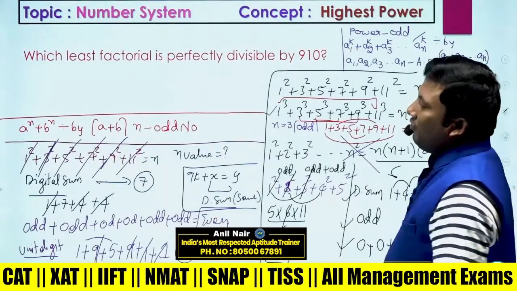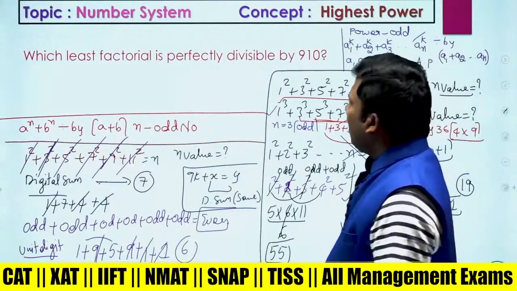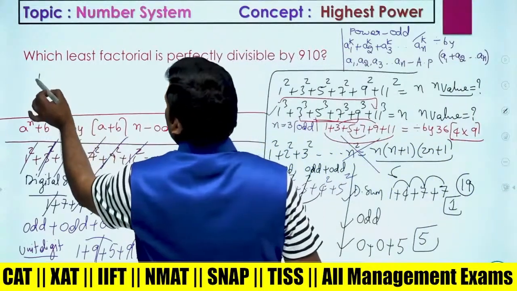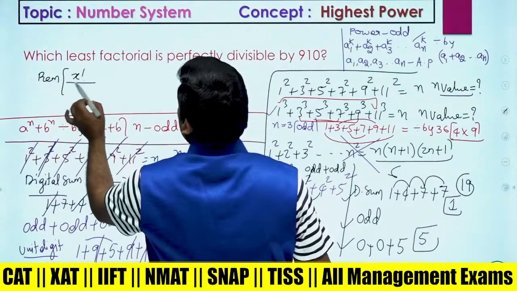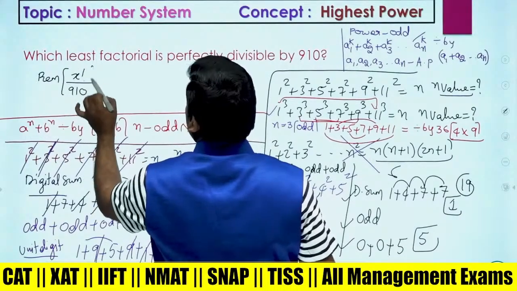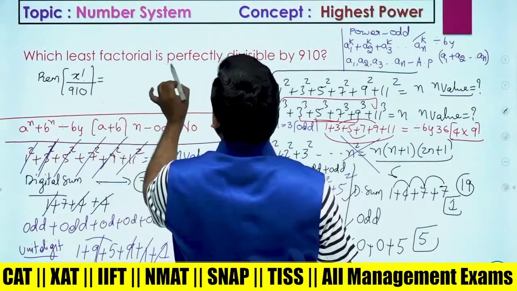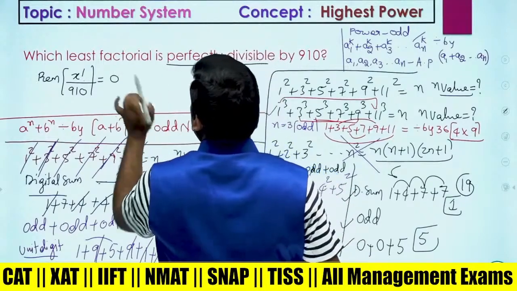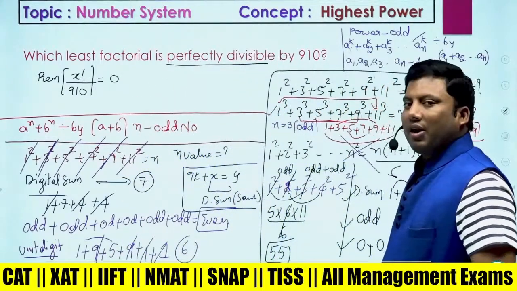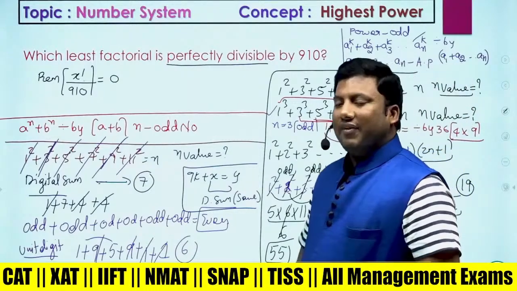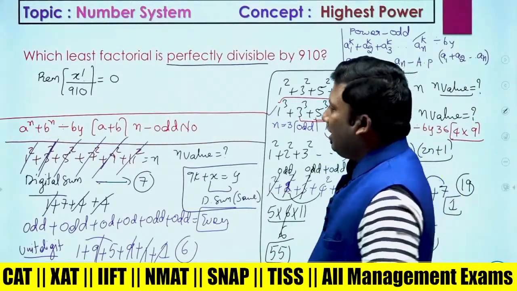Now see here. Which least factorial is divisible by 9, 10? That is the question he is asking. X factorial is divisible by 9, 10. Perfectly divisible means the remainder should be 0. In mathematical format, x factorial divided by 9, 10 gives remainder 0.